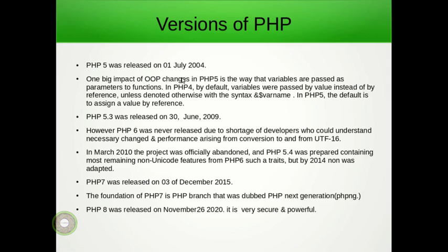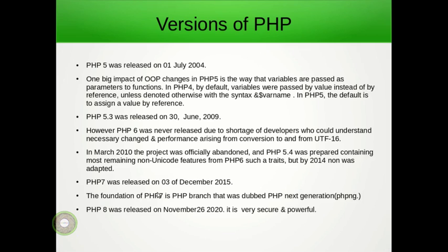If you know some MVCs, CodeIgniter, I think CodeIgniter still uses PHP 5, and if you're running PHP 4, it means you're prey for hackers. So you should immediately move your websites or anything you do to at least PHP 5 or PHP 7.